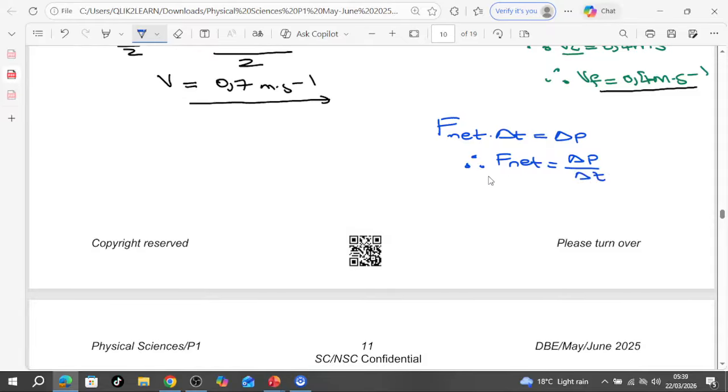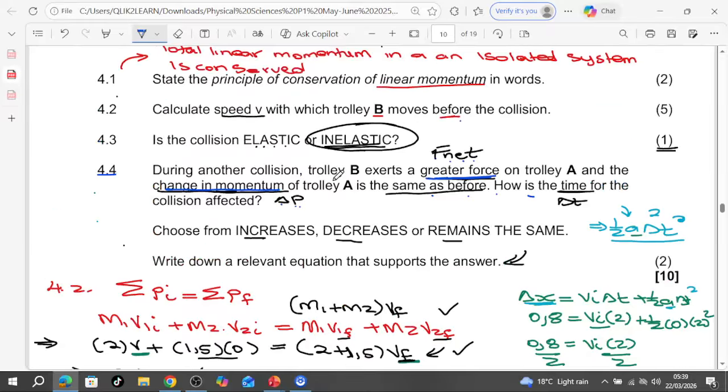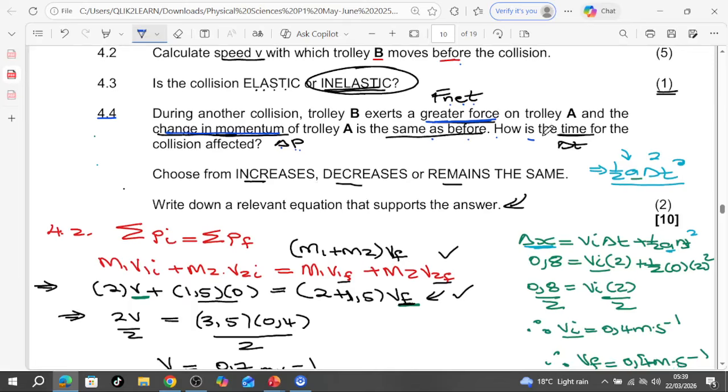So the only thing I'm interested in, they said, is how the time for the collision is affected. We are exerting a greater force, but the change in momentum of A is the same. So I'm going to remove this from my equation. I'm not going to focus on it because there's nothing changing on the momentum. So this is something that you don't have to focus on in your formula. I hope you guys understand what I'm saying.